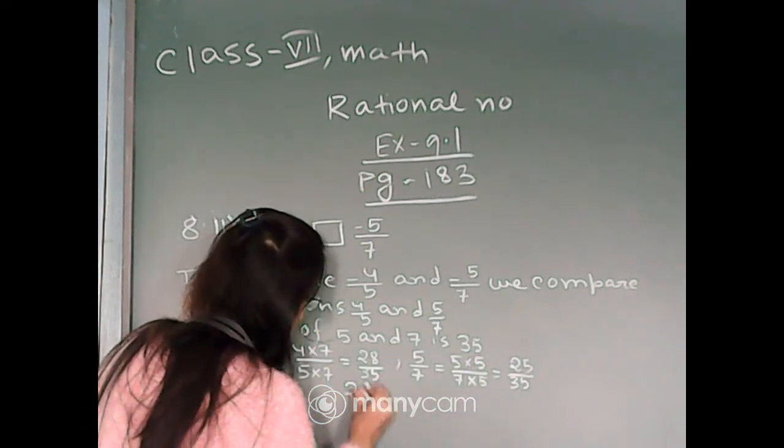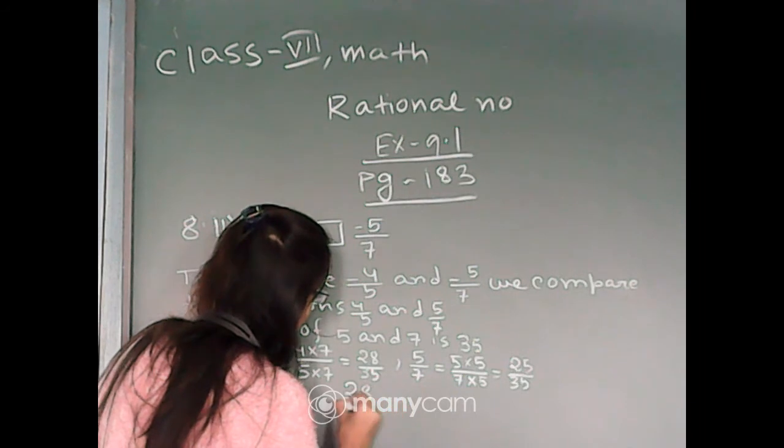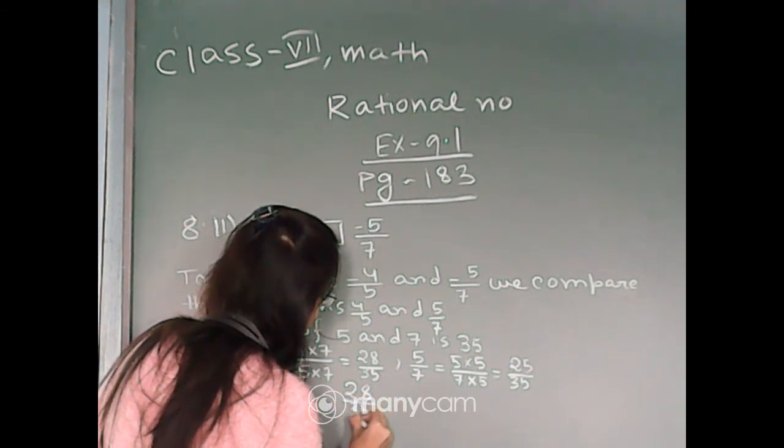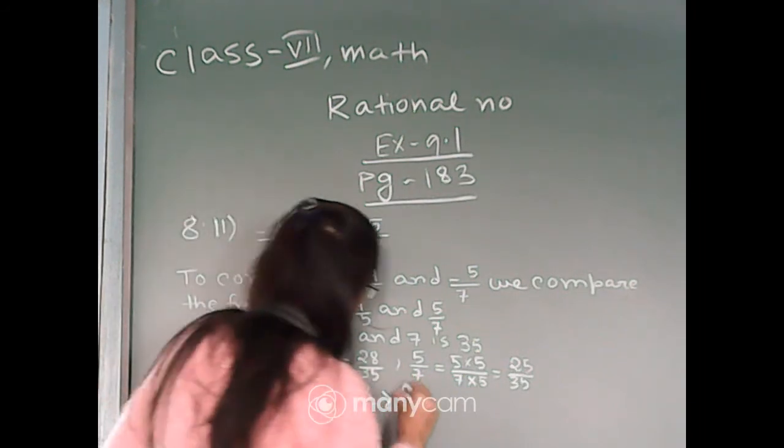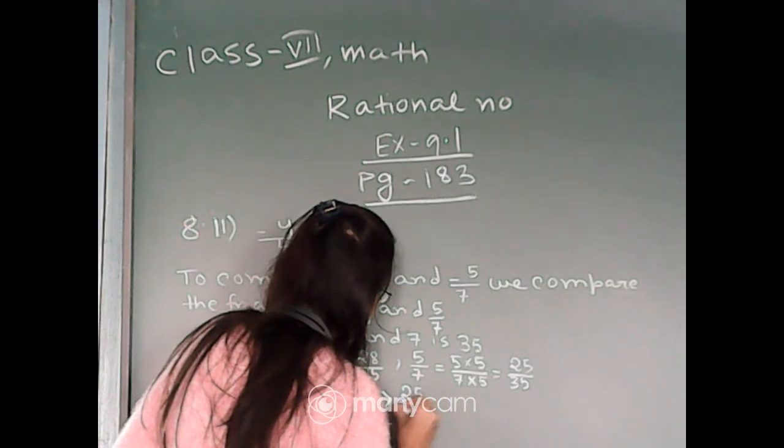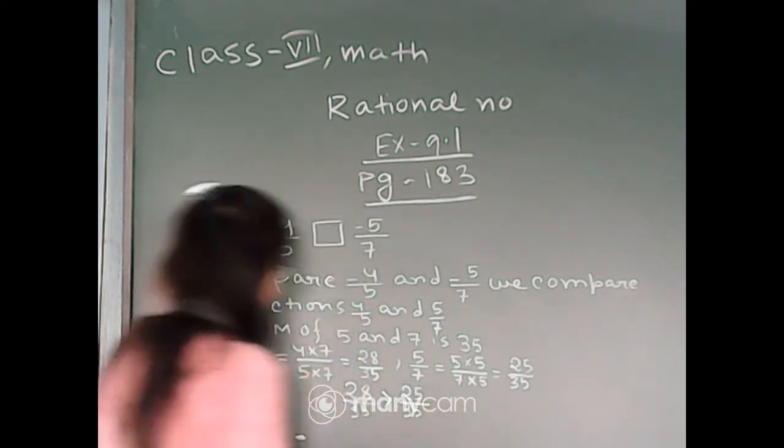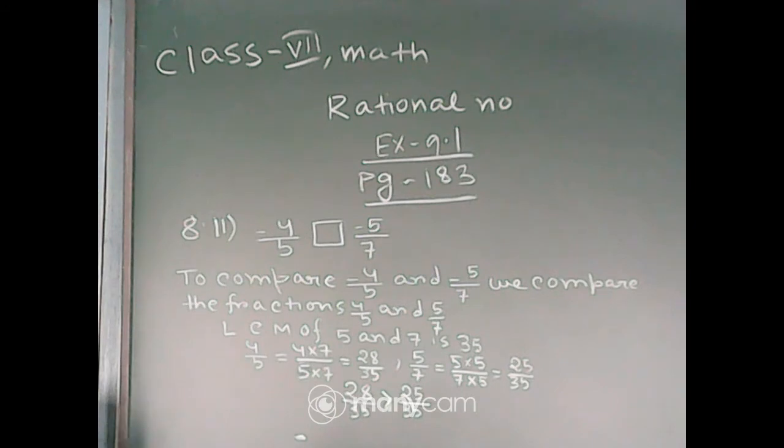Clearly, 28 divided by 35 is greater than 25 divided by 35, and when we multiply both sides of greater than by a negative sign, greater than will be less than. In the previous class we have discussed this.